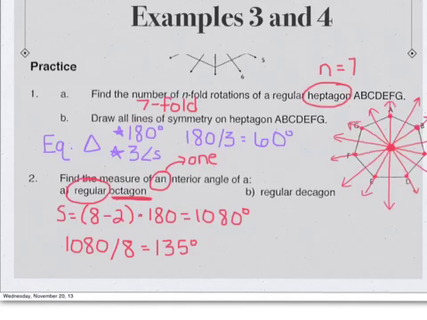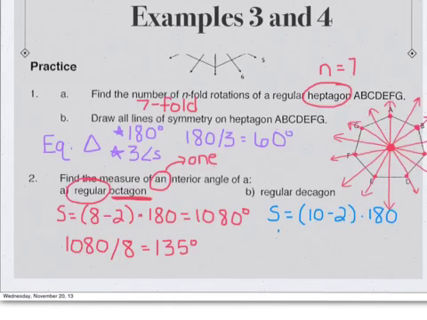Okay, let's look at a regular decagon. My first step is to figure out what the sum would be, how many degrees I'm looking at total. So that would be 10 minus 2 times 180. Let's see, that's 800, 640. So that's 1440.